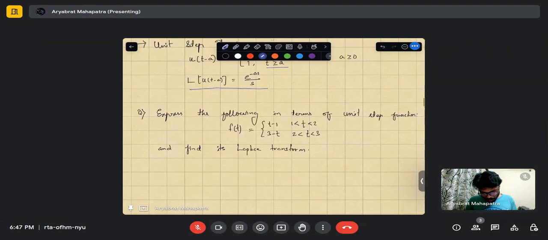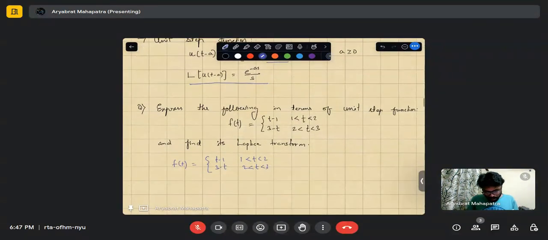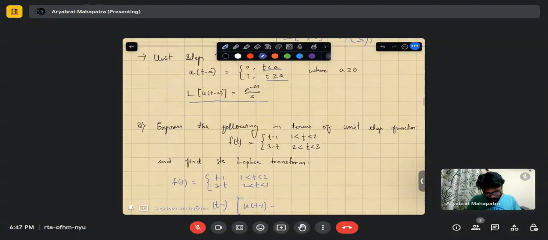So you can write your f of t as something like t minus 1, when you have u of t minus 1 minus u of t minus 2.